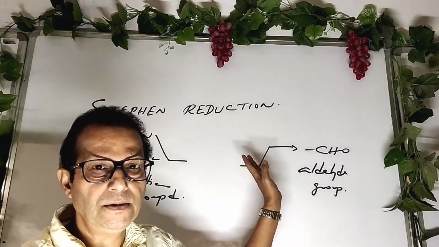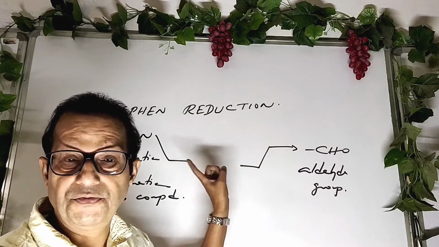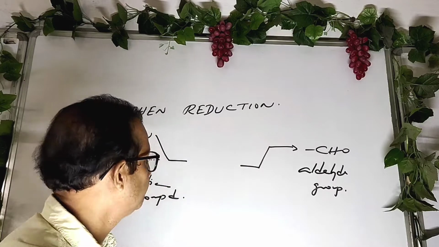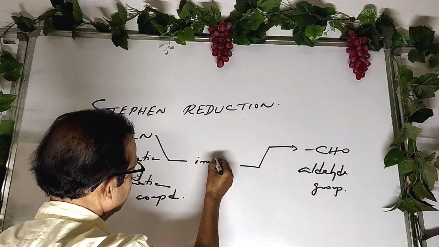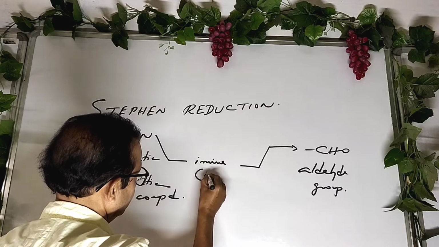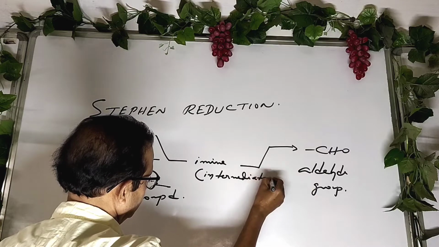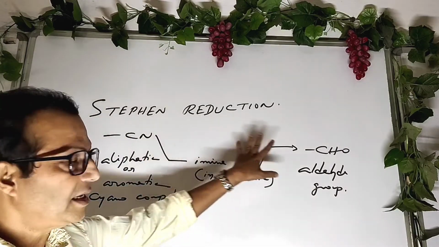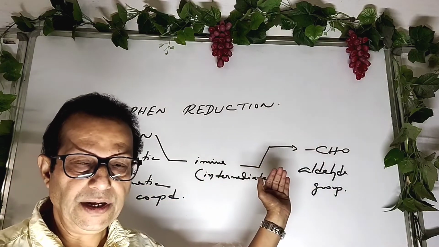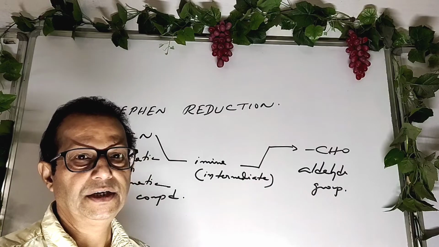During this reaction, one intermediate is formed. That intermediate is very important for the entrance exam. Imine intermediate. This is a reduction, and during reduction there must be some reducing agent.